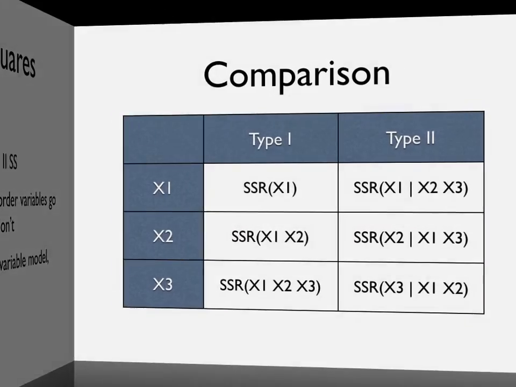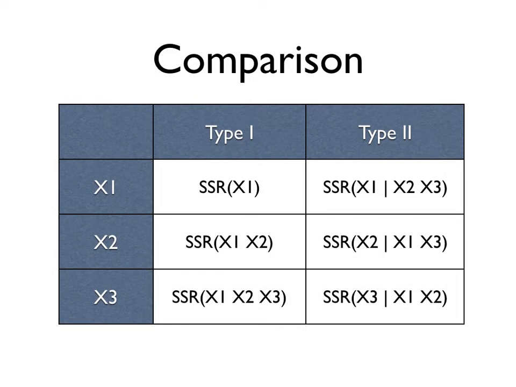For 3 variables, the type 1 sum of squares for x1 is the sum of squares for regression x1. Type 1 for x2 is x1, x2, because we put x1 in first, and x3 is all of them together.